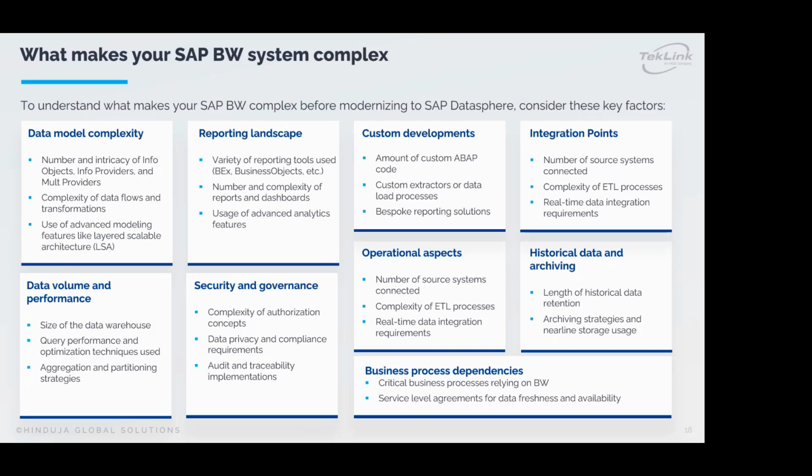You need to look at advanced modeling like layered scalable architecture, LSA and LSA++. Discuss the custom ABAP coding and data extractors. For reporting, look at what source systems are connected for the ETL process, and your footprint in BEx and BusinessObjects.